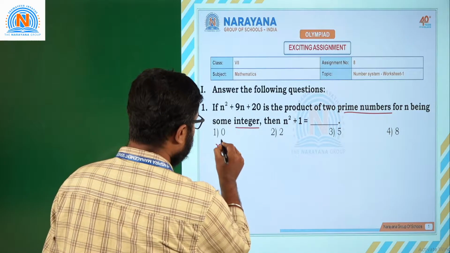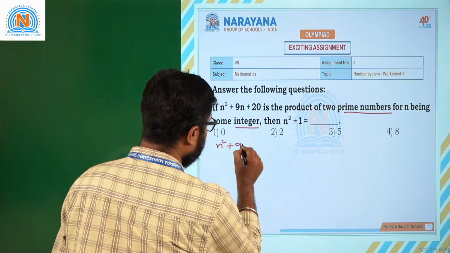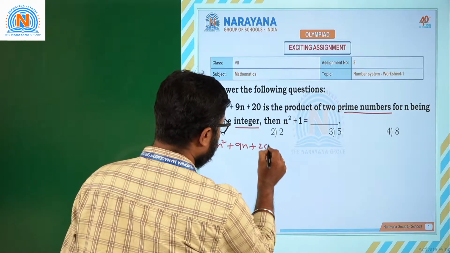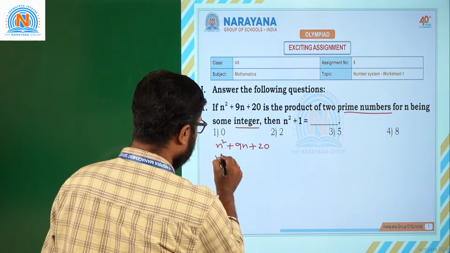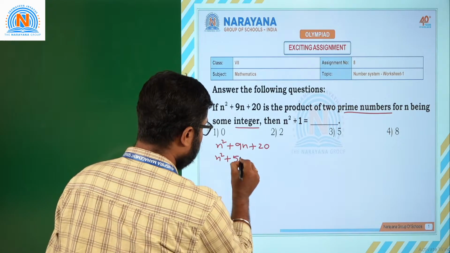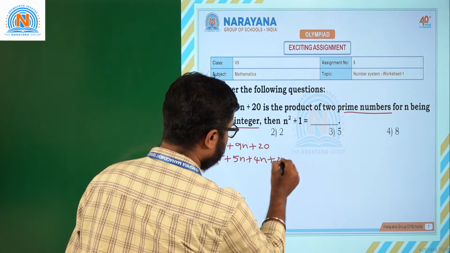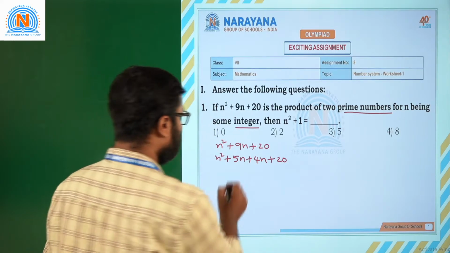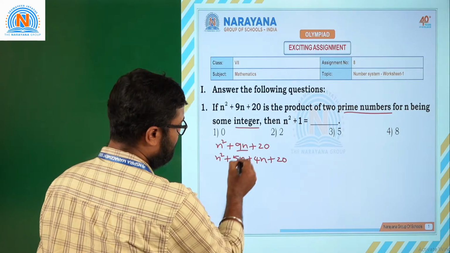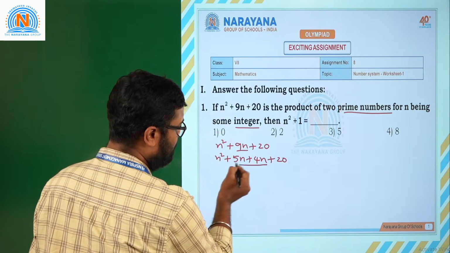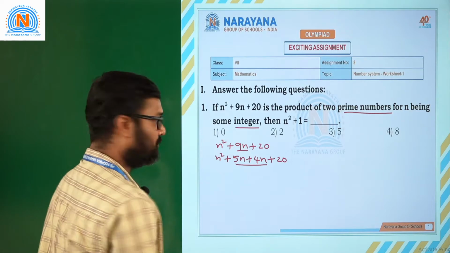So n square plus 9n plus 20 can be written as n square plus 5n plus 4n plus 20. So this 9n I am writing as 5n plus 4n, which is nothing but 9n only.